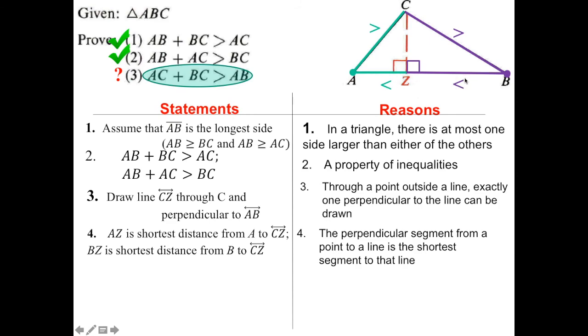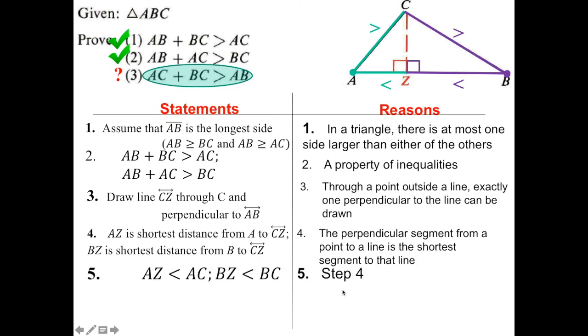What's going to happen? Well, this plus this is going to be greater than that plus that. And that's great because we have AC plus BC right there, which is part of what we're trying to prove. And we're just trying to show it's greater than AB. So guys, when we add these parts together, we're going to get pretty close to proving this here.